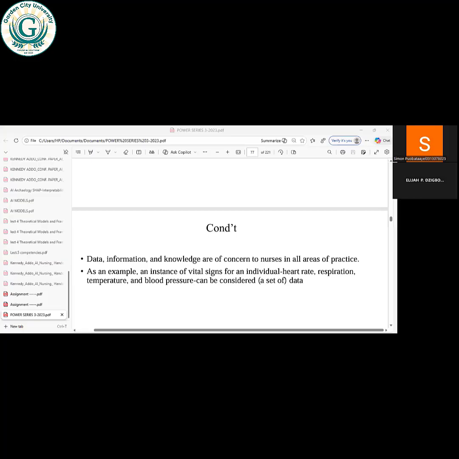Okay, so I'm getting your point very well. Once you place the data in context, and it gives you an idea of maybe what is happening, that is information, because now it is more organized, and you are able to place it into context or assign some relevance.